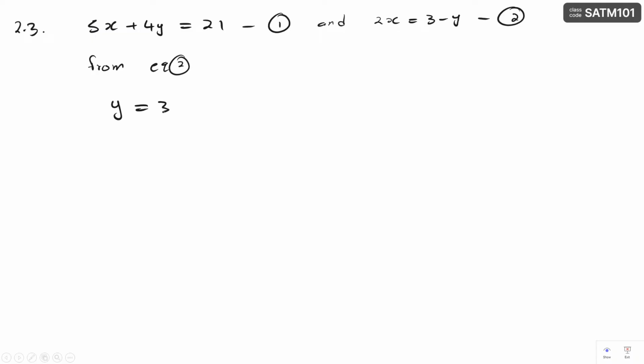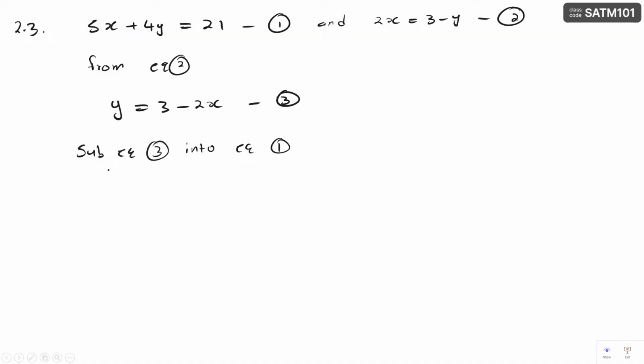So it's going to be 3 minus 2x. This is equation 3. Then after that, you say, examiner, I'm going to substitute equation 3, which is this one, into equation 1.